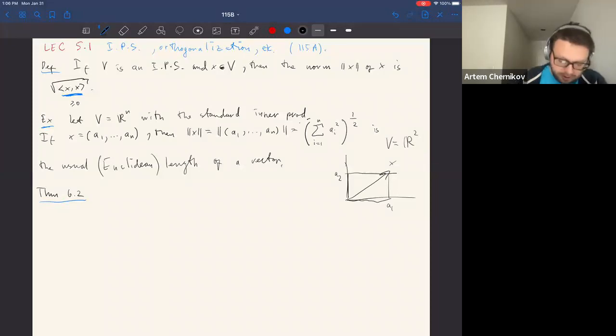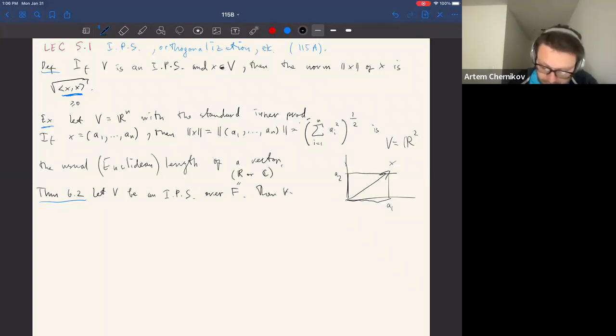Then we have the following theorem, 6.2 from 115A, which gives us some of the basic properties of the norm. Let V be an inner product space over some field of scalars F. Remember, throughout this discussion we're assuming that F is either the real numbers or the complex numbers. Then for all vectors x, y in V and c a scalar in F, we have the following properties.